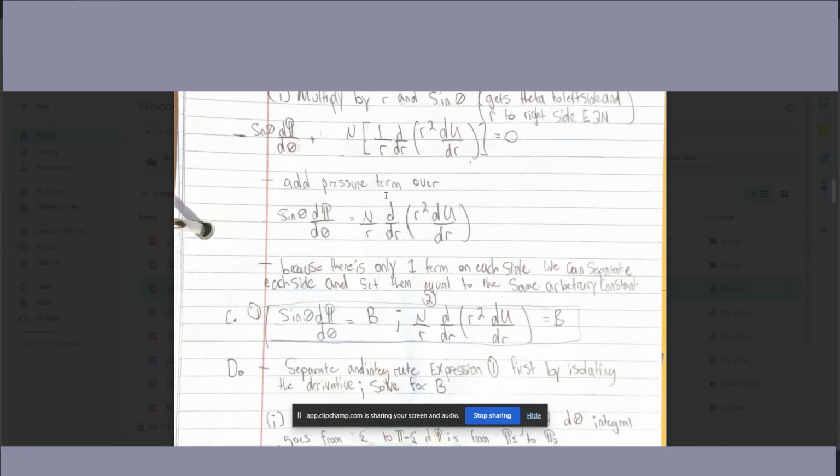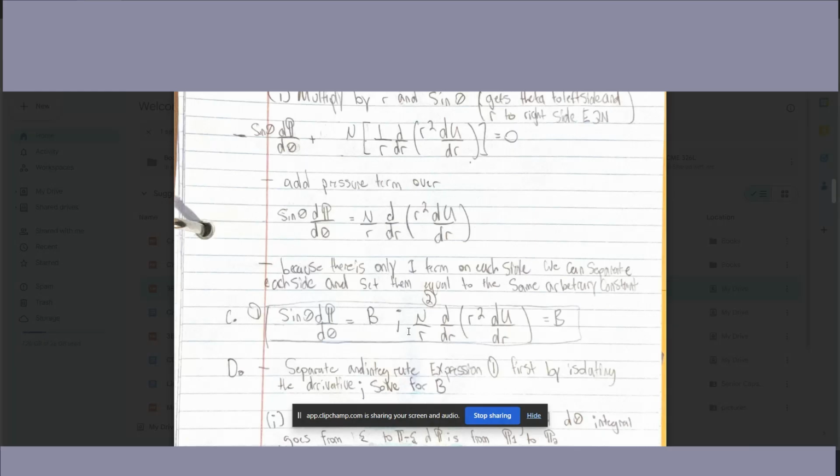And because there's only one term on each side, we can separate each side and set them equal to some arbitrary constant. This is because there's only one derivative on each side of the equation. Technically, you could do this even if there were two derivatives added to each other on one side and two on the other side.